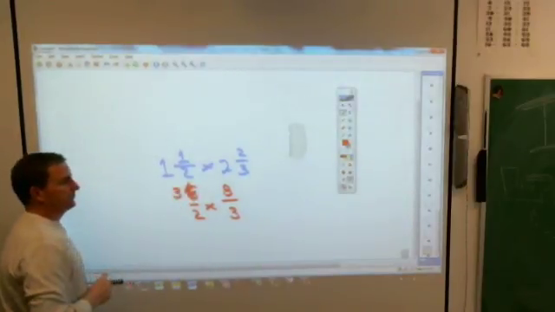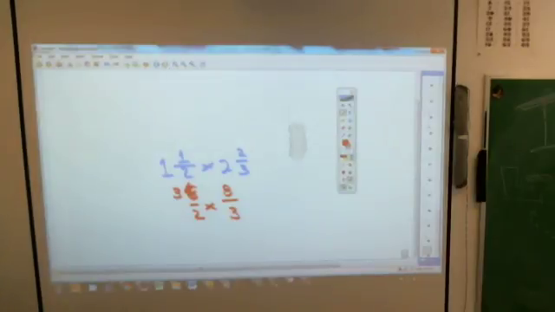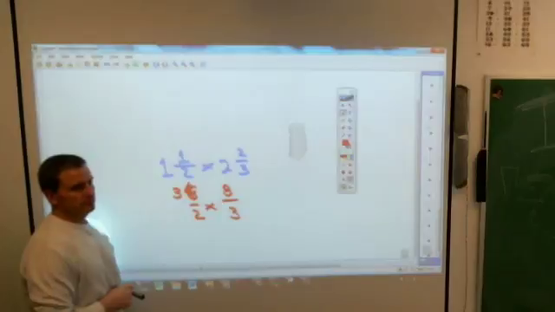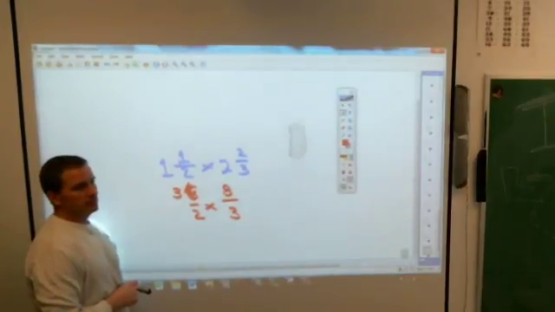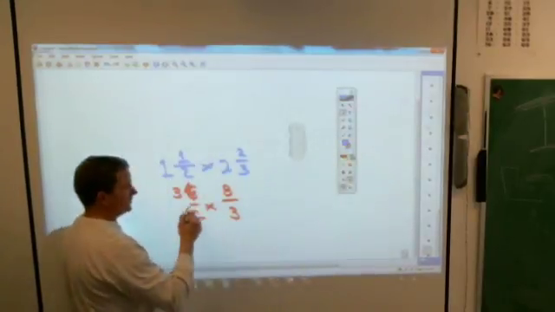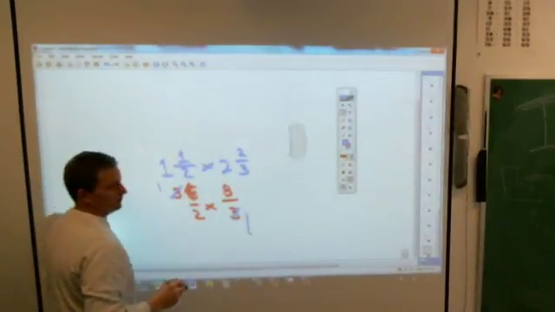And then what cross cancels? Gianna, what cross cancels there? Do you see something for me? Tops and bottoms? Common factors on top and bottom, things that can be divided both top and bottom. Which one? Yeah, the 3's go into each other at one time. That's one of them.